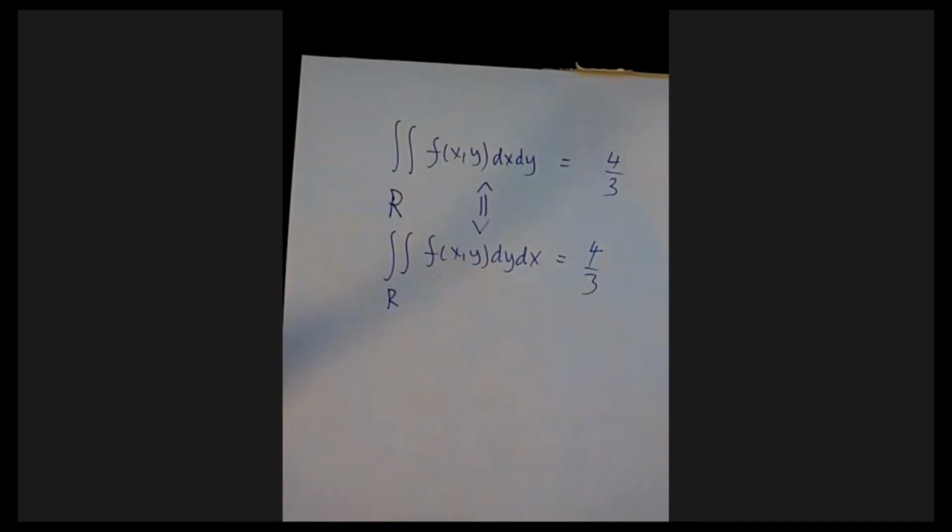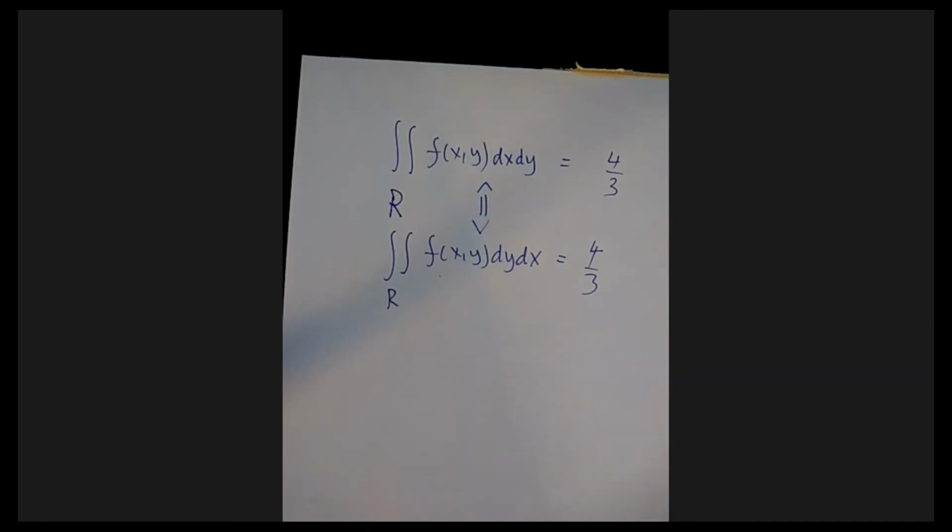Which is quite helpful, because what it says is, if you're doing a double integral with respect to x and y, it doesn't matter if you do x first or y first, as long as you do both of them one after the other, the answer to the double integral will be the same number. Sometimes that can be helpful. Can you imagine you've got a really ugly function f of xy? But if you integrate with respect to x first and then with y, it's a little bit less ugly than if you switch the order.